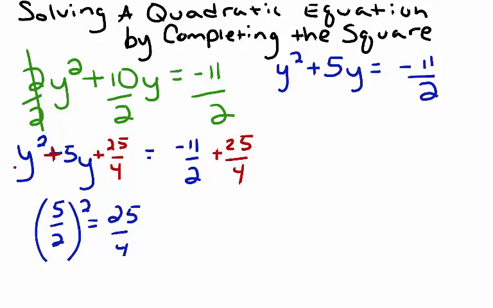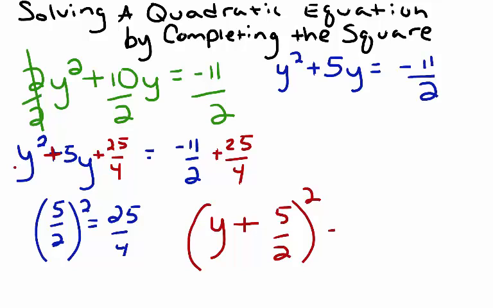So in other words, to factor that trinomial, the square root of y squared, which is y, plus the square root of 25 over 4, which is 5 halves, and we square the whole expression, equals negative 11 halves plus 25 over 4.